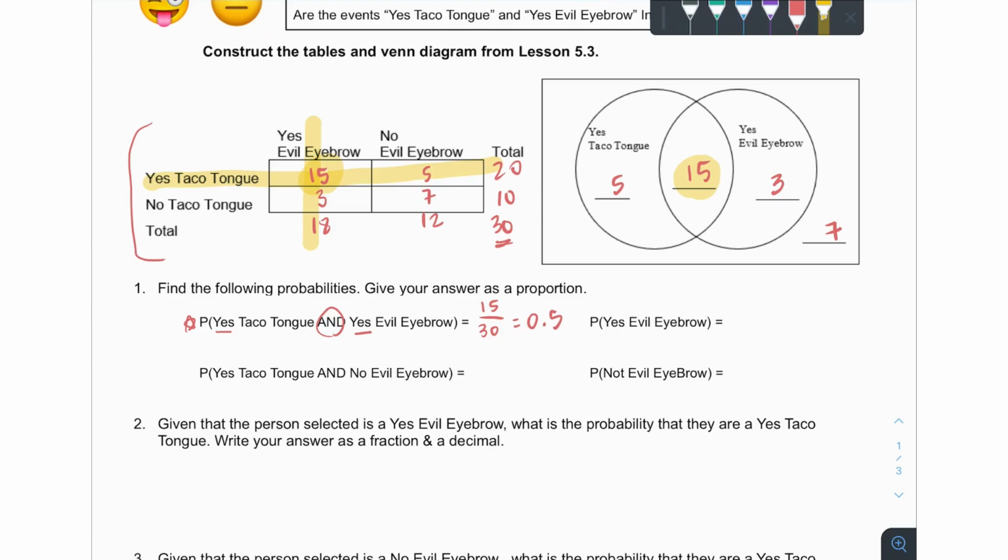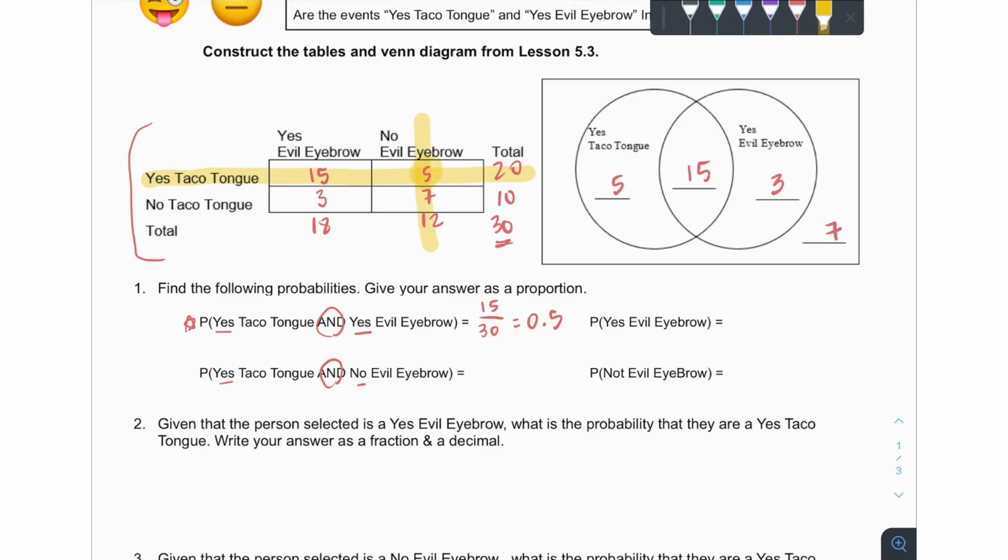Next, the probability of yes taco tongue and no evil eyebrow. Again, we would find where those two things intersect on the two-way table. Yes taco tongue is this row, no evil eyebrow is that row, so it's 5.